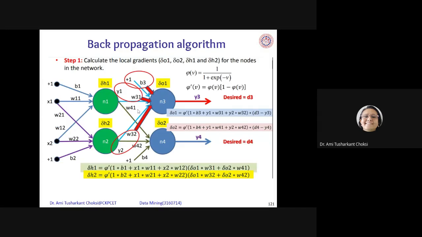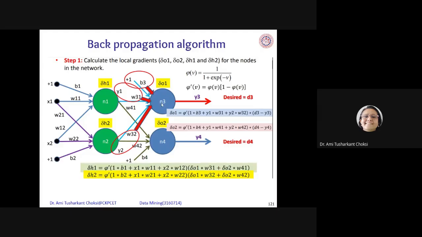Okay. And what is the desired output? At Y3 the desired output is D3, and at Y4 the desired output is D4, right? So I hope you understood the figure at least, right? Then we can represent the things here, and then we can calculate accordingly.